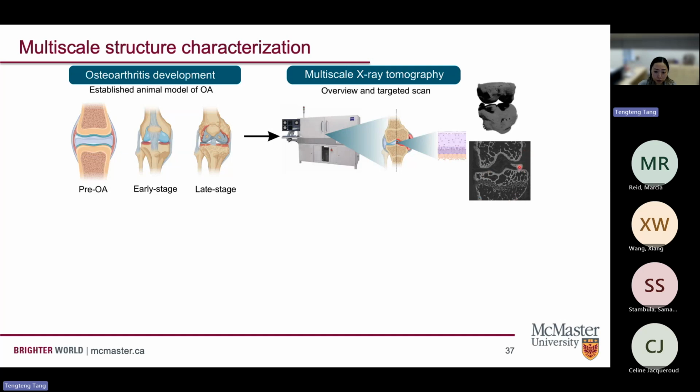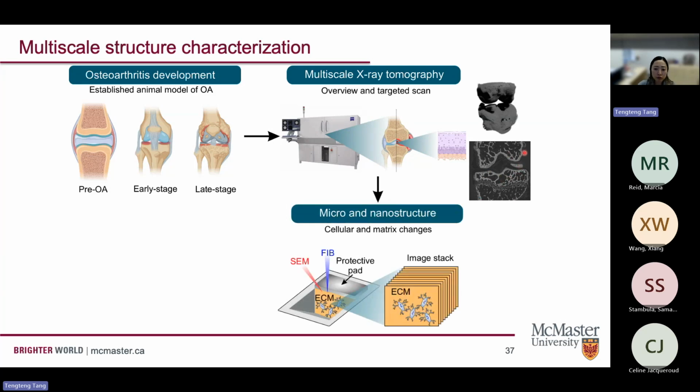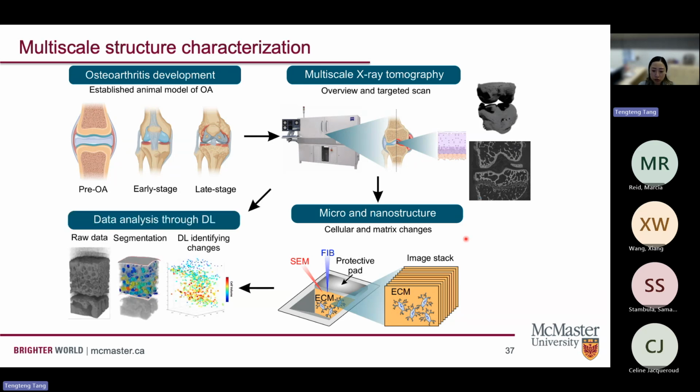And then we can further zoom in to target a specific region of interest that is more critical during the progression of the OA, and further examine them at the microscopic level and also at the nanometer length scale, utilizing the techniques and the correlative approach that I just mentioned, and finally identify some of the critical structural changes involved during the development of the OA.